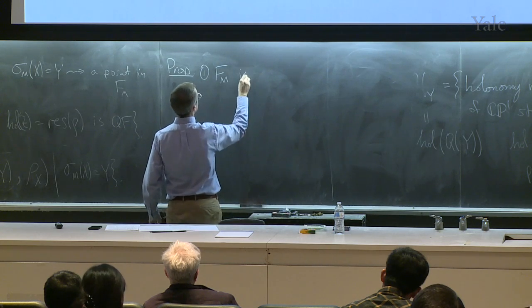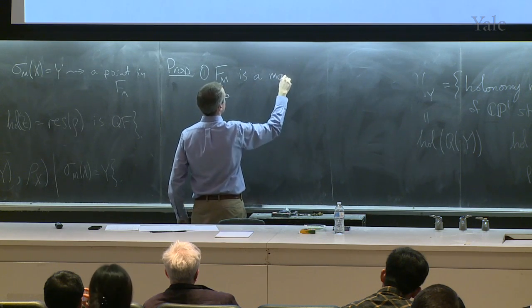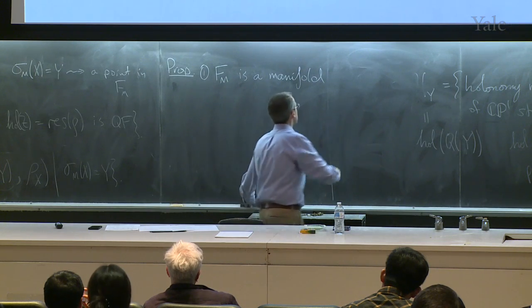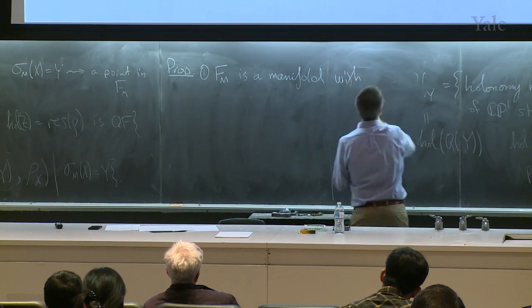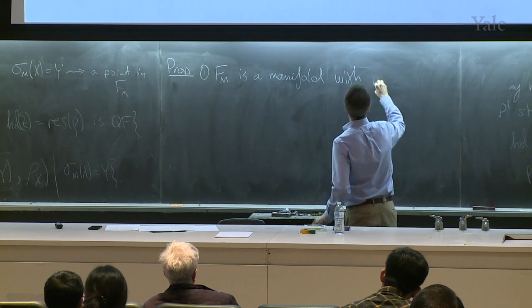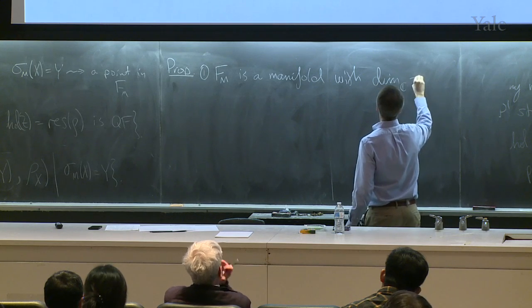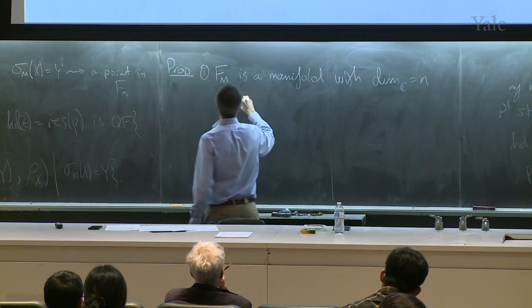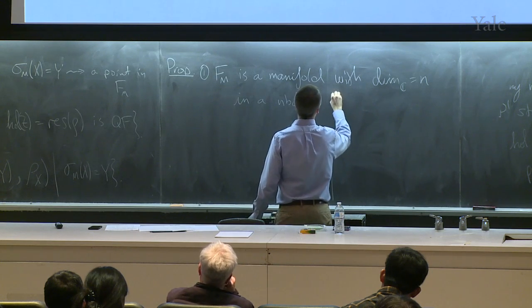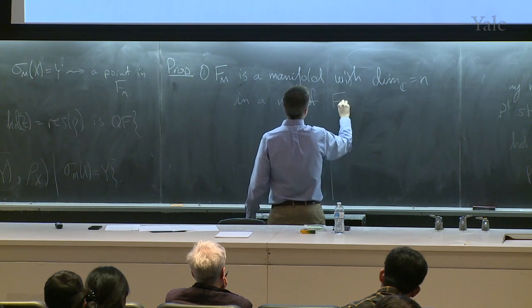Fm is a complex manifold of dimension n in a neighborhood of the closure of the part we care about.